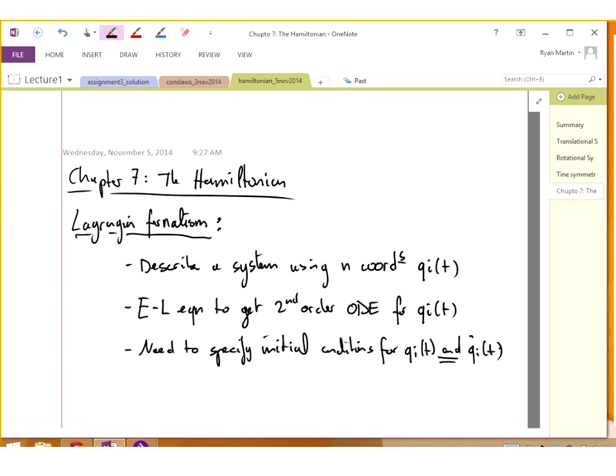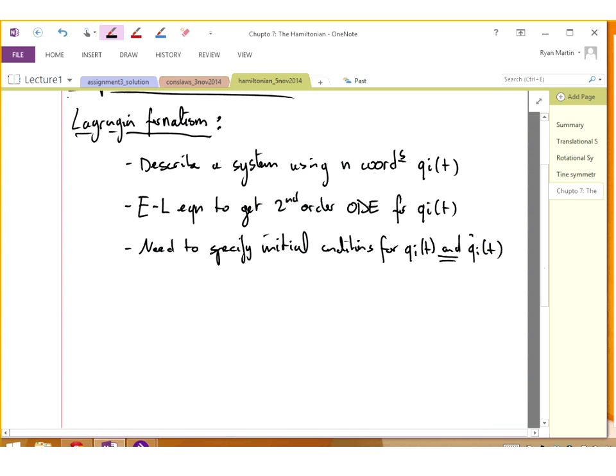So even though you only have one variable that you're solving for, the position as a function of time, you need to specify initial conditions on both the positions and their velocities. And that's because the equations of motion are second order differential equations. Okay? So what we're going to look at now is the Hamiltonian formalism.